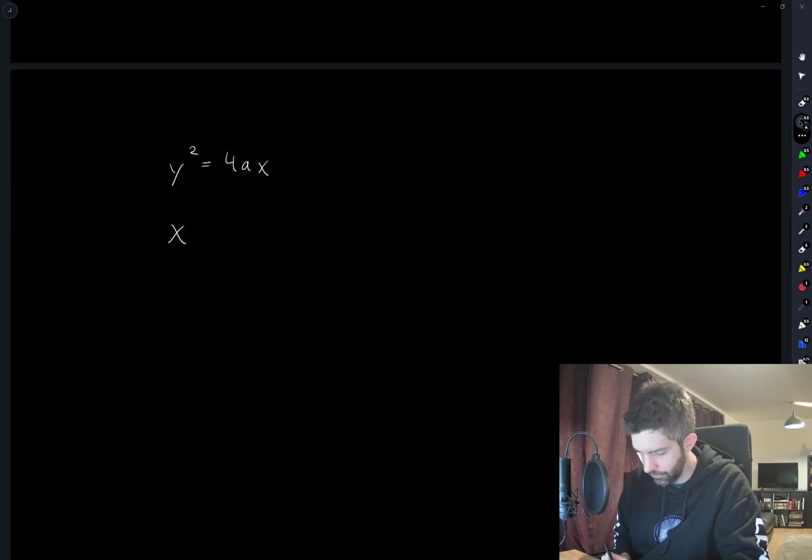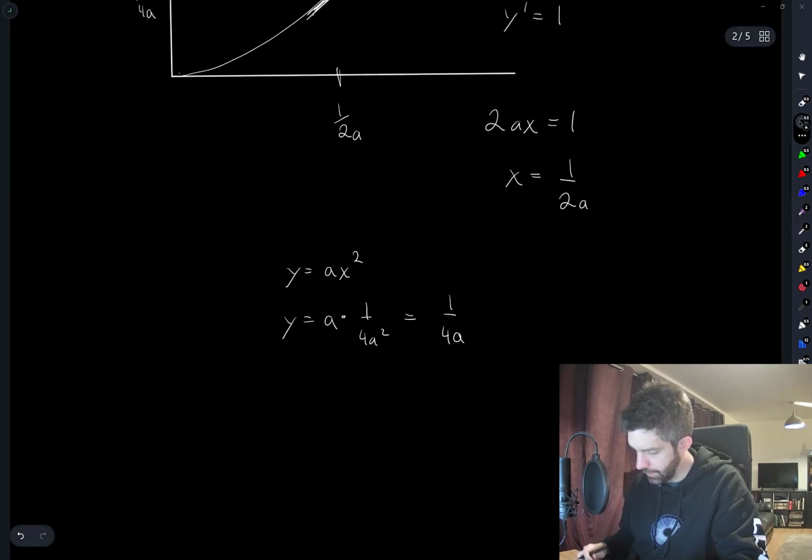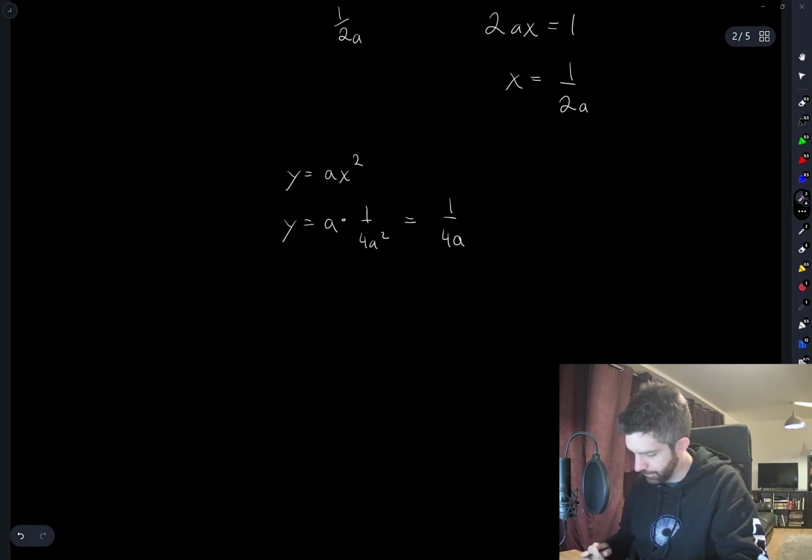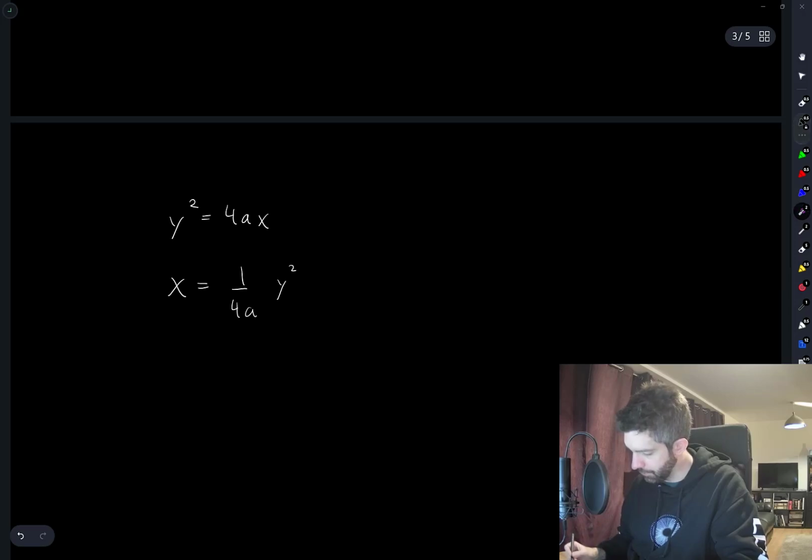So I have x is equal to 1 over 4a y squared, sorry. And so the focus, according to this, says take the coefficient in front, multiply by 4, and take the reciprocal. That leaves me with a. That'll be the x-coordinate, and the y-coordinate is 0.